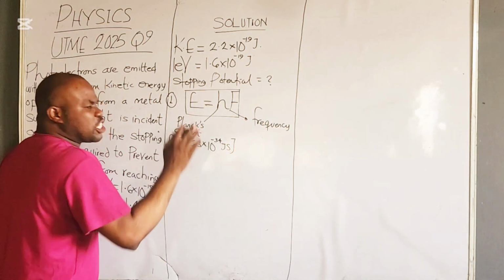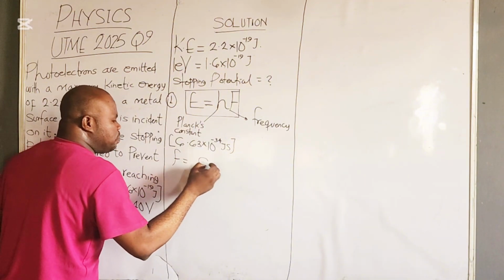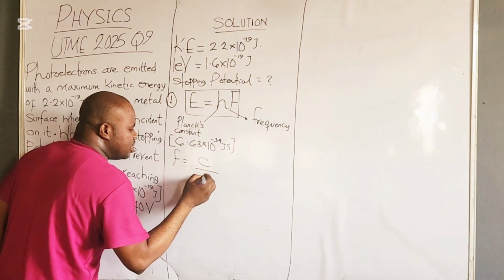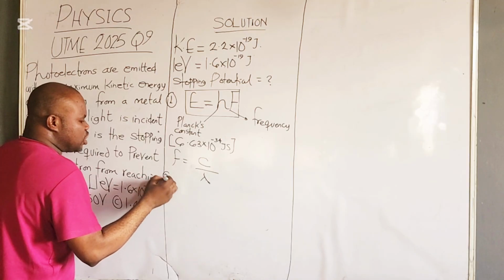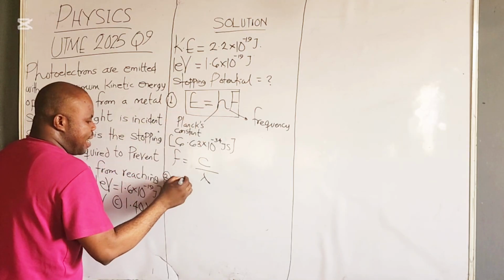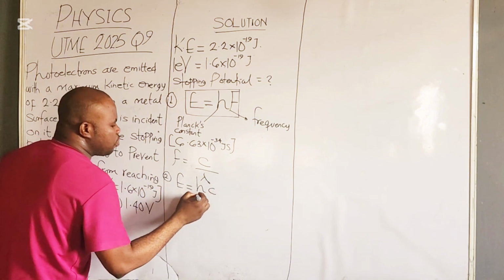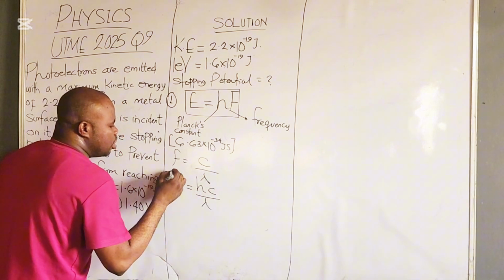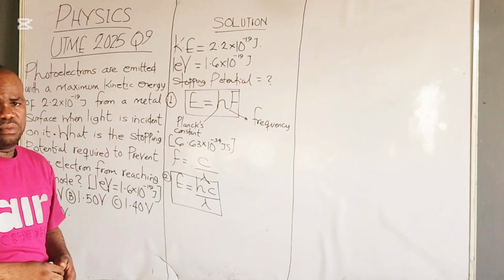But from wave, we know that frequency is speed over wavelength. So, my second formula, if I substitute frequency here, my energy becomes hc over lambda. This is the second formula you can use to solve questions on this field.